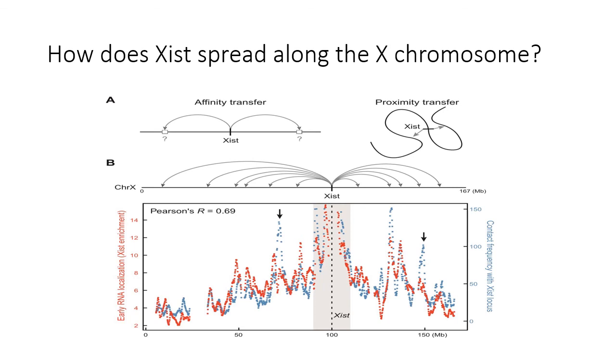So what this correlation is, the blue dots, is DNA sequences which are actually seen in contact with the Xist locus by the Hi-C procedure. And you can see that the little blue dot peaks largely overlap with the little red dot peaks, implying that those DNA sequences that got Xist early on were ones where the physical DNA came close enough to the Xist locus to actually capture an Xist RNA, even at those early times, which is kind of amazing.